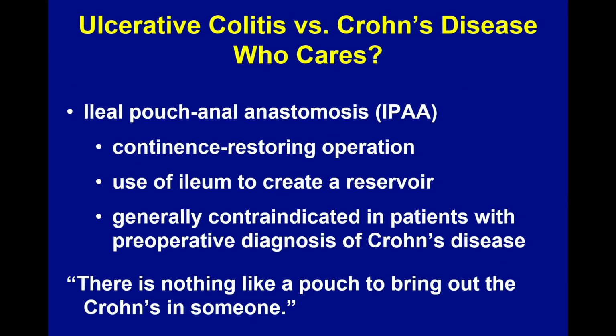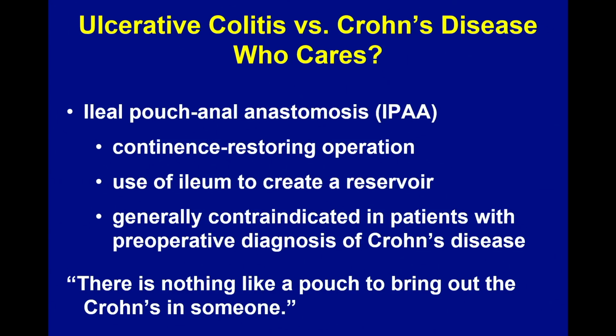In particular, Crohn's patients who have really bad ileal disease and anal disease are the ones that tend not to do well with a pouch. Aside from that, a lot of Crohn's patients actually do well with a pouch. But generally, that's why they want to know whether it's Crohn's or UC, because if it ever comes to an operation, they generally don't want to put a pouch into somebody with known Crohn's disease.